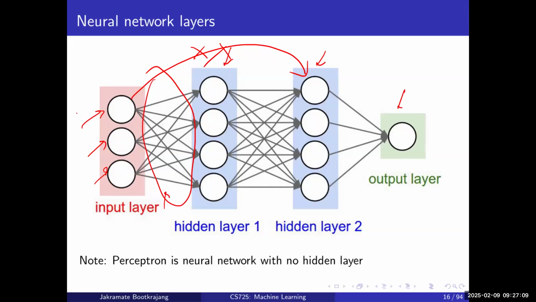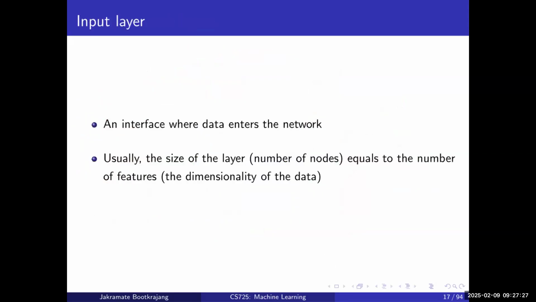So if you have data with three features, each feature would get sent into one vertex in the input layer. So usually it can be the size of the parameter.